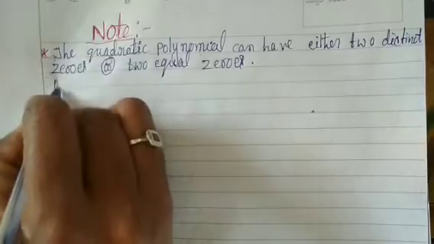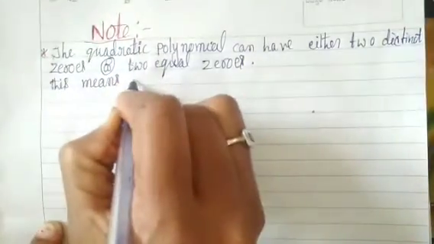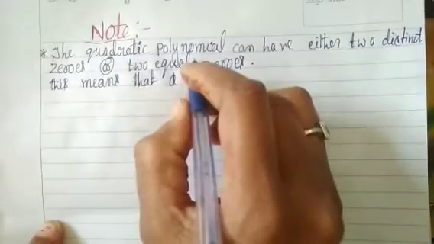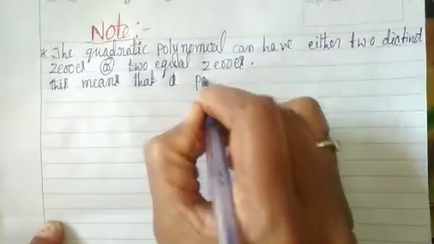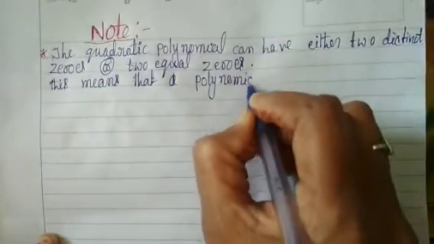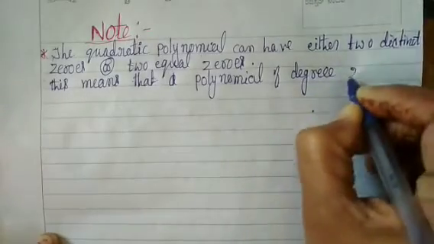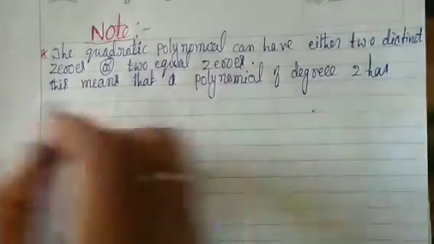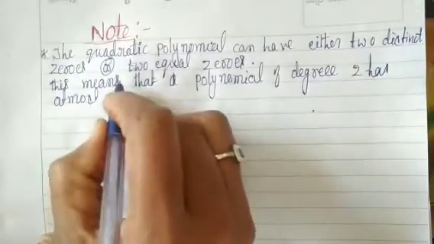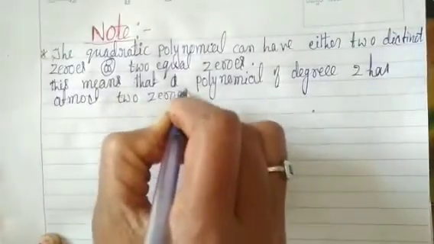This means that a polynomial of degree 2 has at most how many zeros? At most 2 zeros.